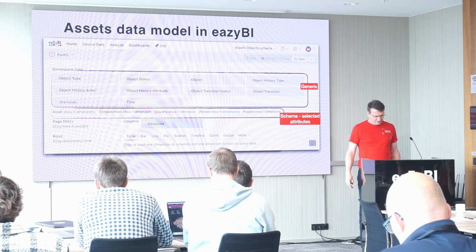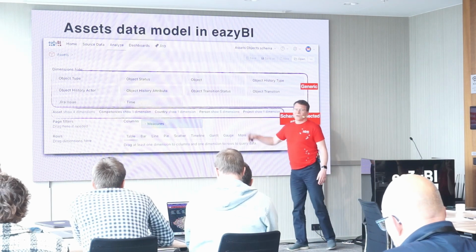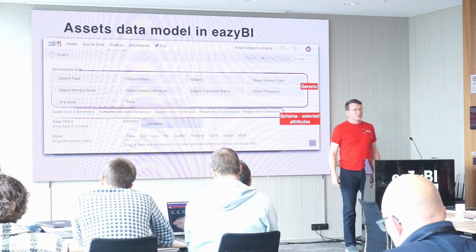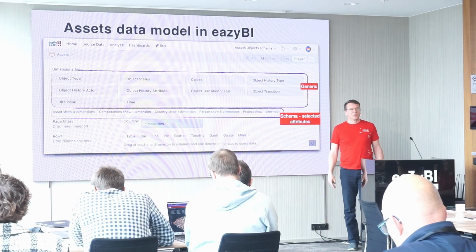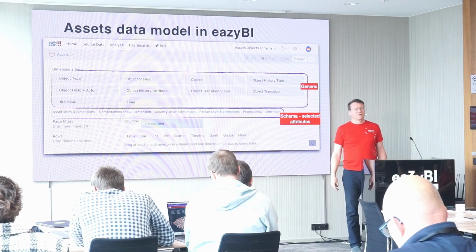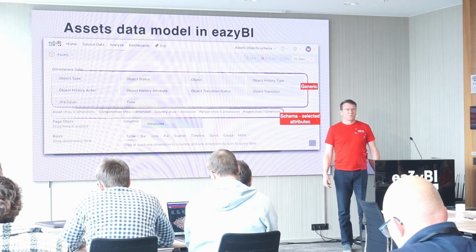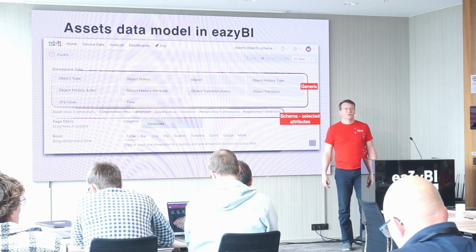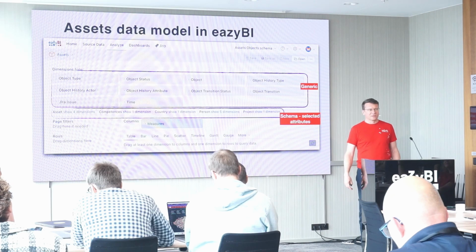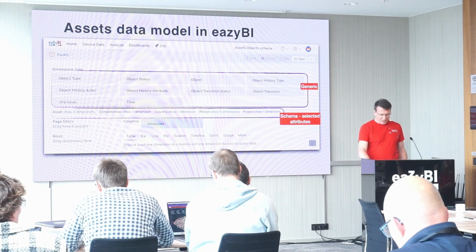The more you select, the more you will have here. It's not a good idea to select everything. You may have hundreds of dimensions here, and that usually doesn't make sense. It just puts pressure on your database and the performance of eazyBI.